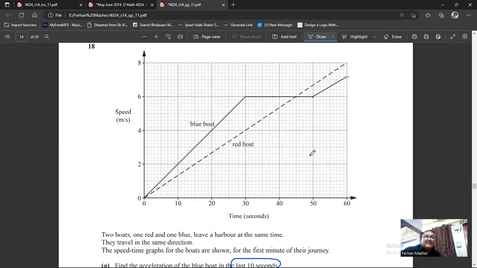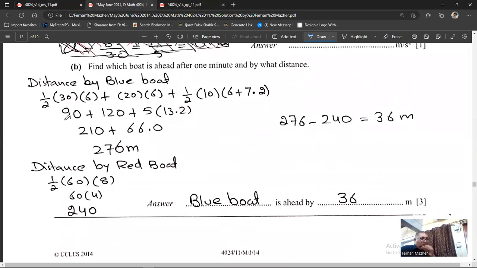This is a triangle, this is a rectangle, this is a trapezium. So A1, A2, and A3. 1 by 2 into 30 into 6, plus 20 into 6, plus 1 by 2 into 10 into 6 plus 7.2. Area of the triangle, area of the rectangle, area of the trapezium. So it will be 90, this will be 120, this will be 5 into 13.2. This will be 210 plus 66.0. So that is 276 meters.